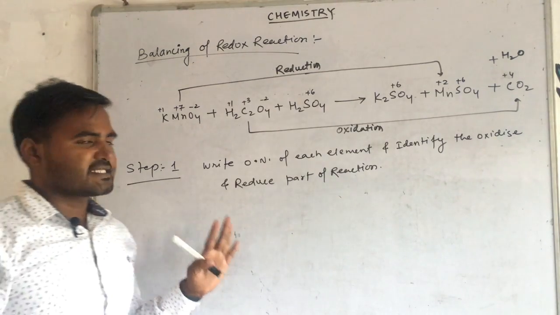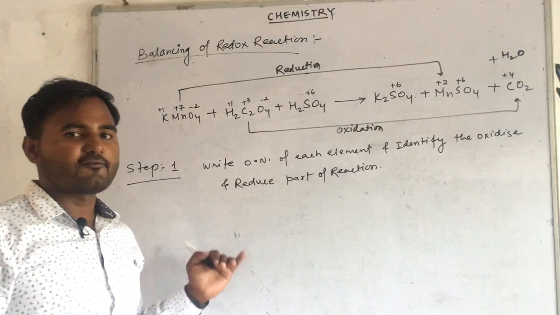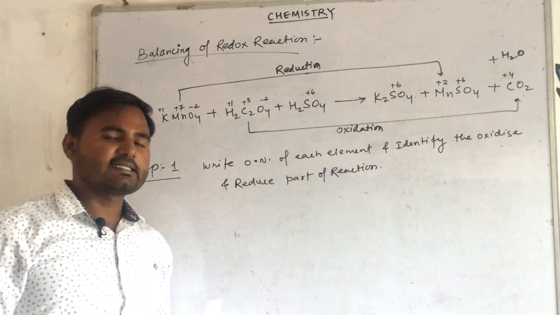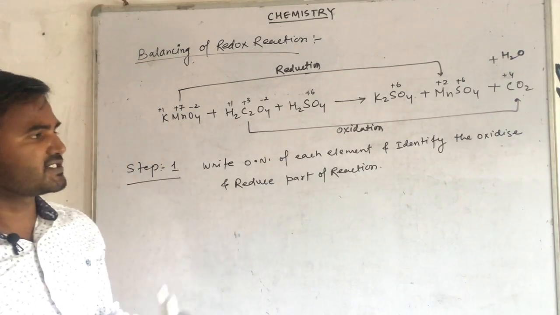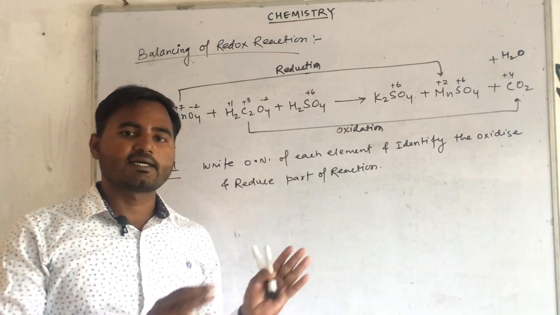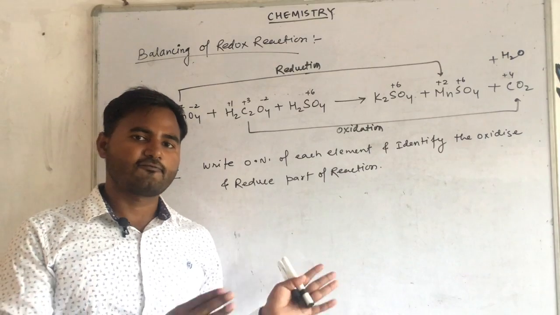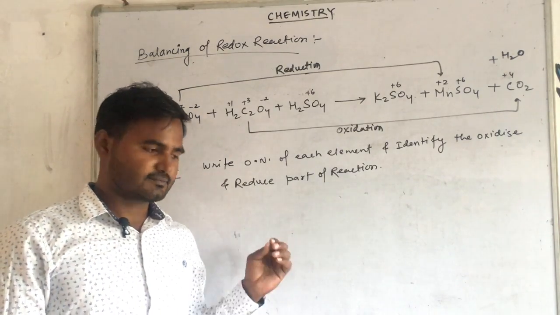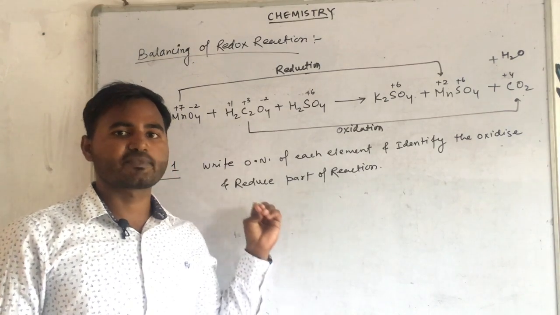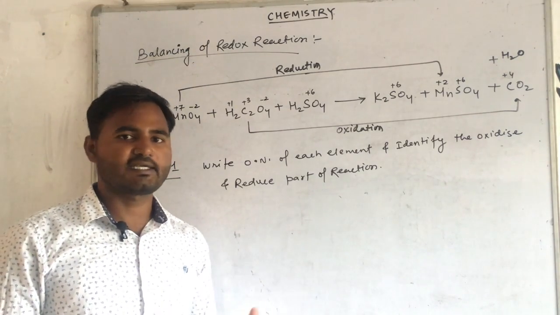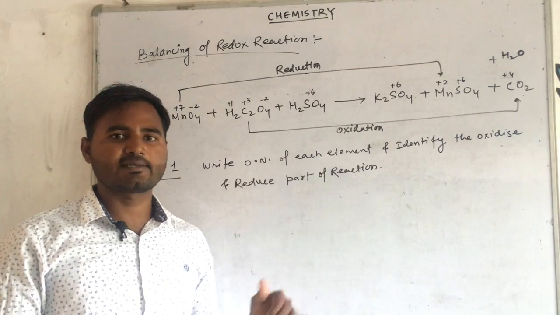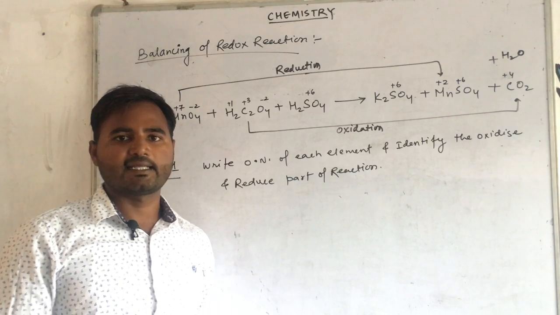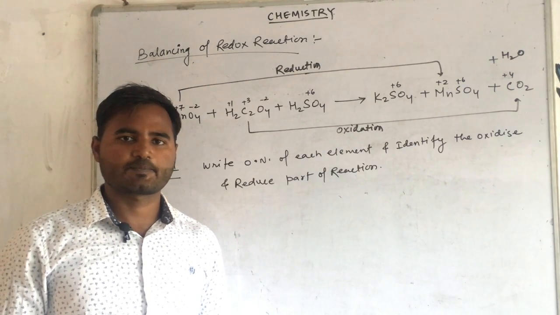Now before coming to the second step, we have to understand what we are going to do in the half cell reaction method. In this method, we break the redox reaction into two halves. First is the oxidation half and second is the reduction half, and then we balance both halves separately, and after balancing both parts, in the last we add them and get the final balanced redox reaction.